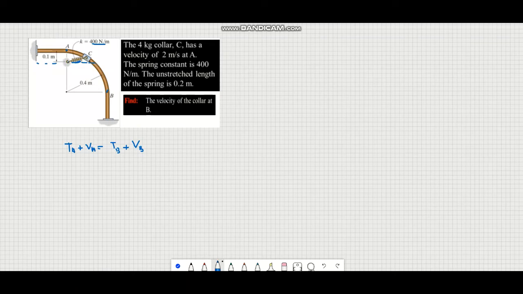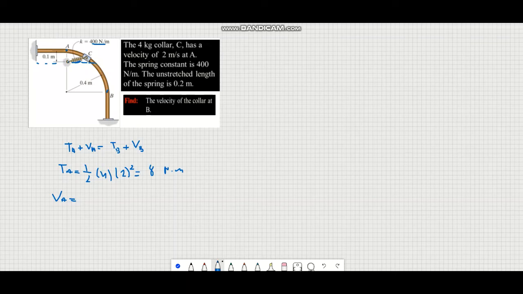So at this point, the kinetic energy TA is equal to 1 over 2 m v squared, where the mass is 4 kilograms and the velocity is 2 meters per second squared, which is going to be 8 Newton meter.